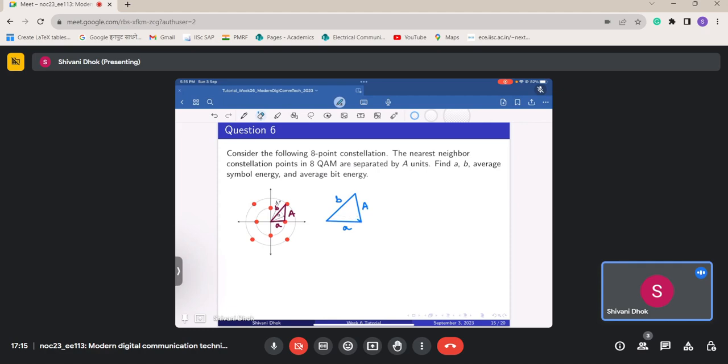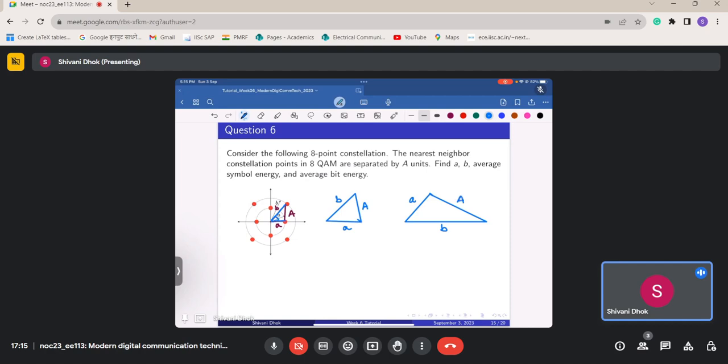Just for the sake of simplicity, I can also draw this as something like this. This is b. Then I have something like this, that is a. This is a, this is b. Then I have drawn this, and then this side will be capital A.